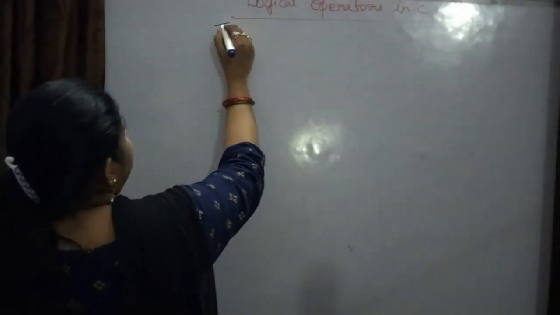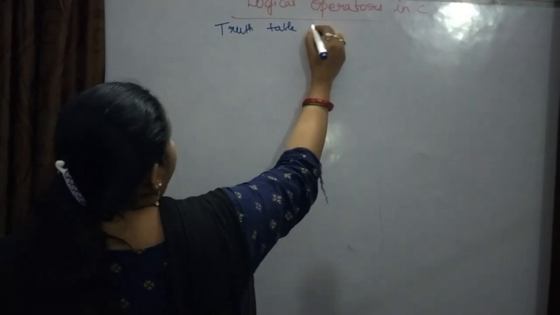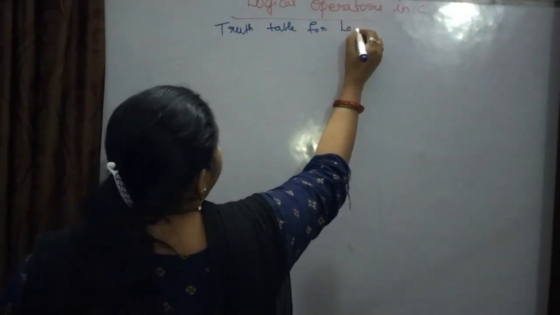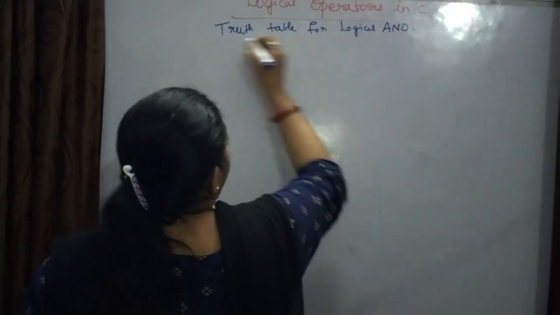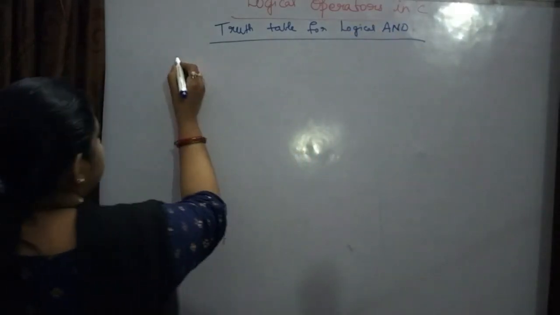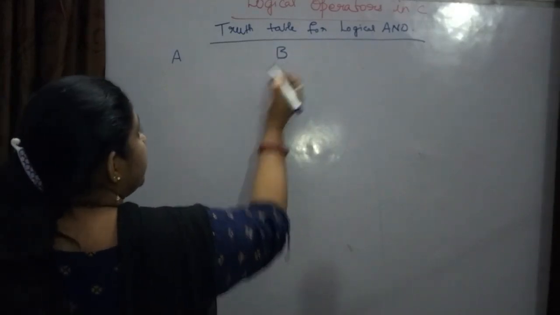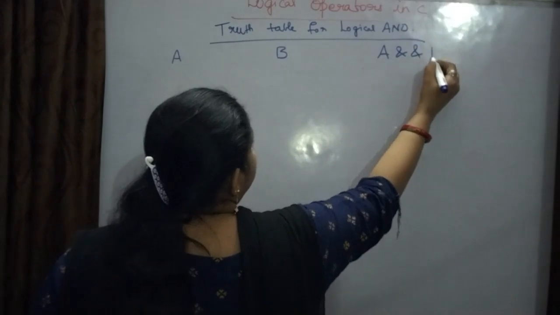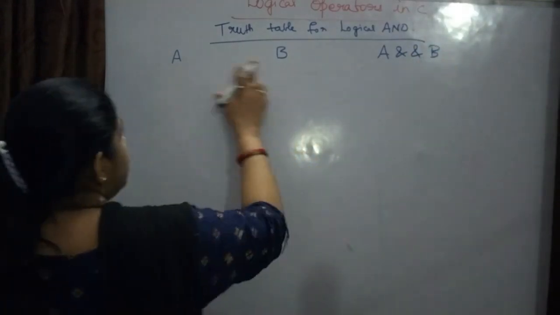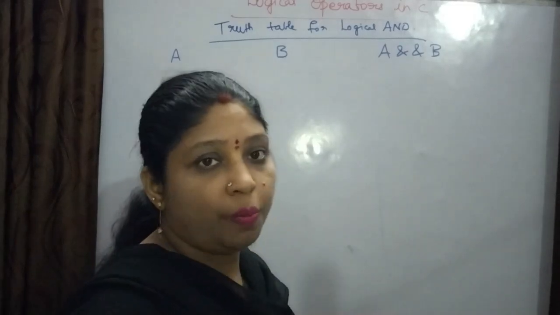Truth table for logical AND. A is one condition, B is one condition, and A && B means these are the 2 conditions used in this operator.